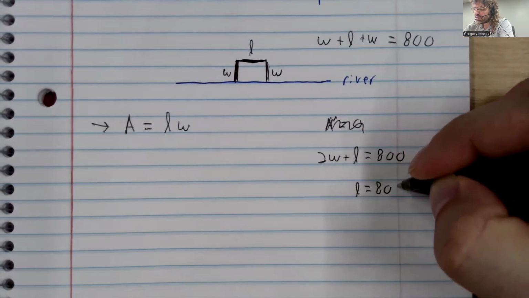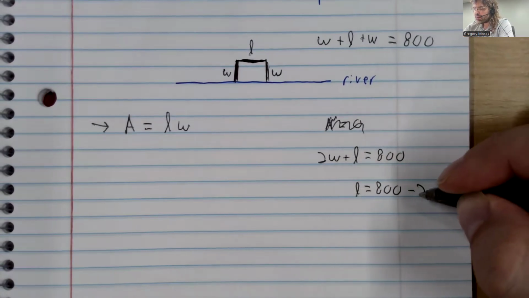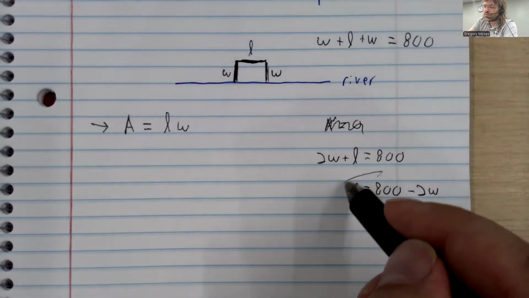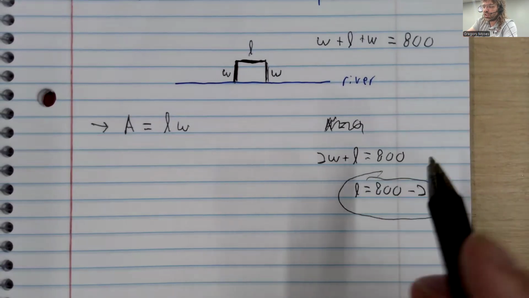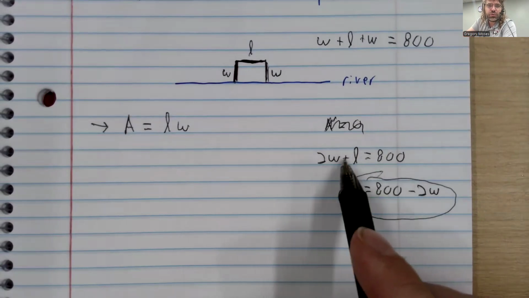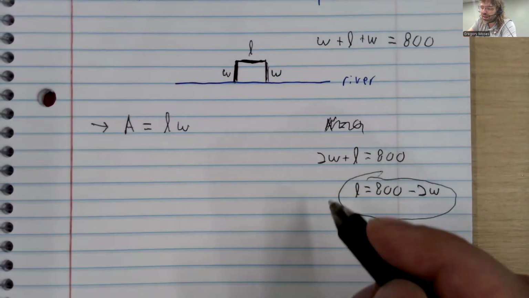And the purpose of all of this is to eliminate one of these variables. L is 800 minus 2W. Just taking the equation we had and subtracting 2W from both sides.